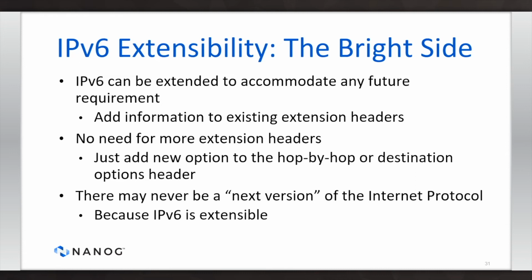And you have a way to get something to either every node along the path, every node in the routing extension header, or the ultimate destination. And because of this, there may never be a next version of the Internet Protocol because IPv6 is extensible. So there may never be an IP15 or whatever's after that.